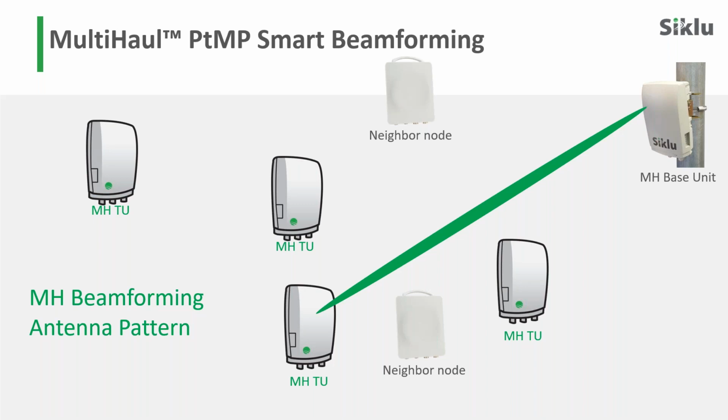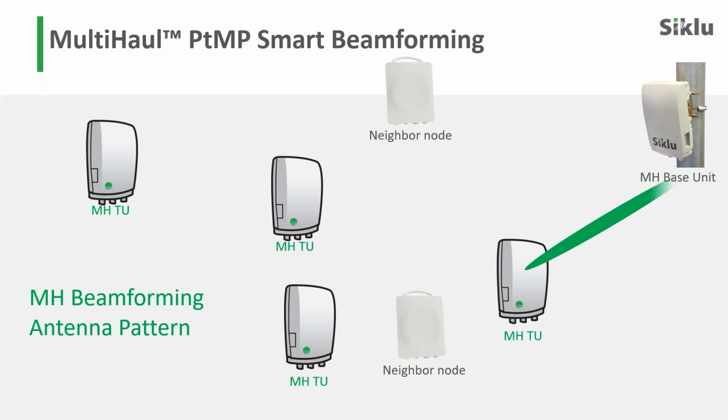The same principle is also implemented inside the terminal units, and it now allows the terminal unit to find where the base unit is located and create the same highly directional beam from the terminal unit back to the base unit. That highly directional beam is used for receive and transmit of information, of course.